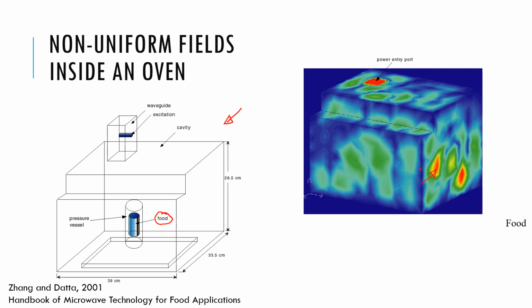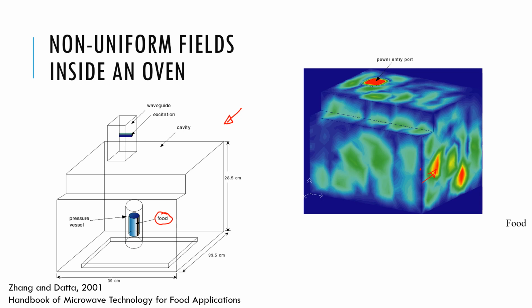So there are places with much higher values of electric field. Foods placed at that location would heat a lot faster, and foods at some blue locations would see much lower electric field and would heat a lot slower.